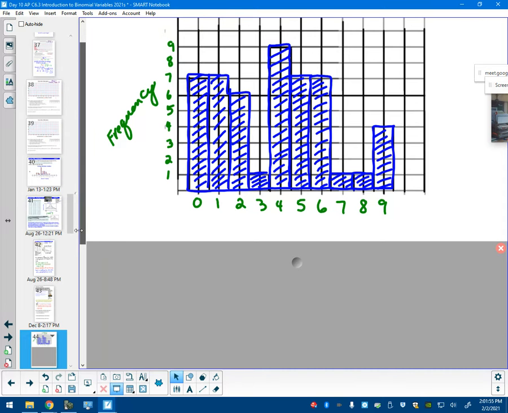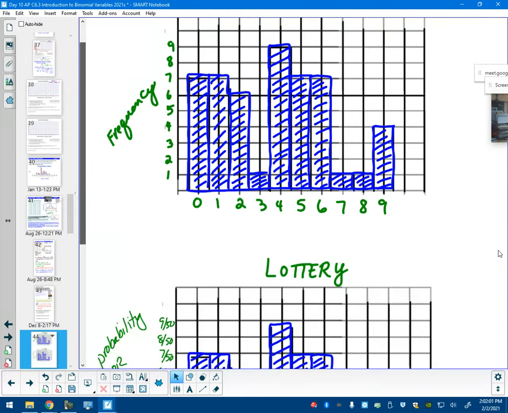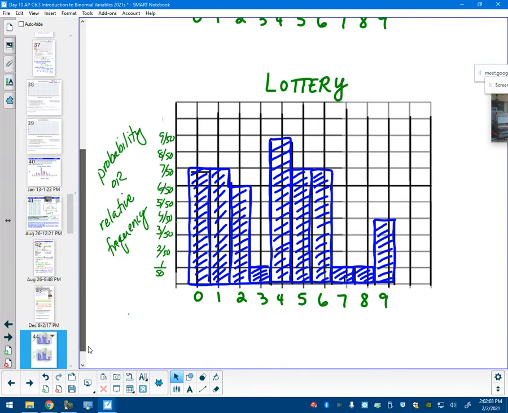If I turn the y scale into relative frequency, it's exactly the same. So the only way that I know that this is a probability distribution is if you tell me that it came from a random variable. So some distributions are probability distributions.